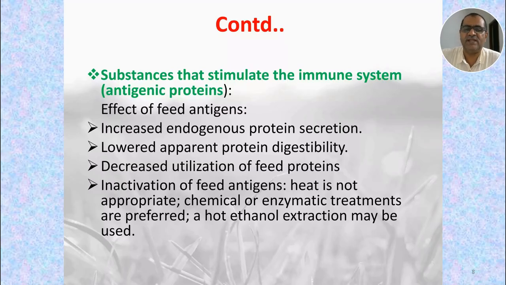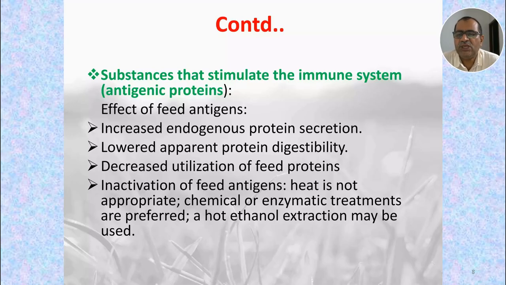Then substances that stimulate the immune system. Sometimes the animal's immune system is stimulated by certain substances, then the body will overreact to either allergens or sometimes to the exogenously administered substances.